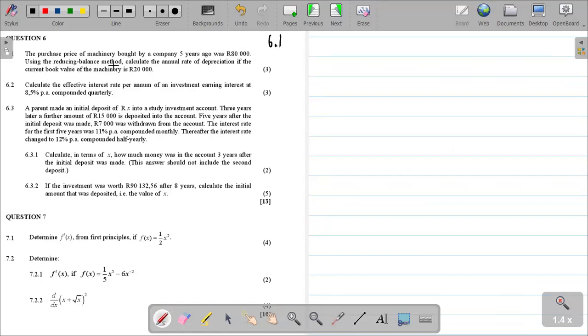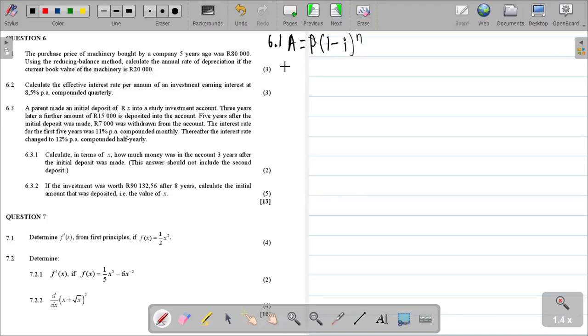Using the reducing balance method, calculate the annual rate of depreciation if the current book value of the machinery is 20,000. Okay, so the reducing balance method says what? A equals P, and then 1 minus i, and then to the exponent n.